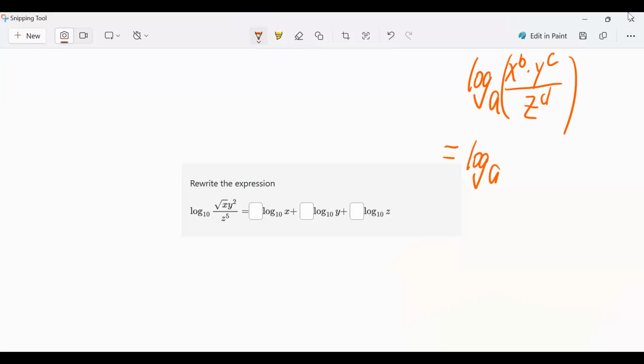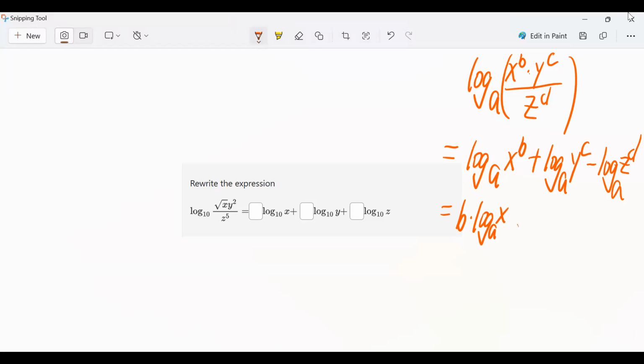So it's log a x^e plus, addition becomes addition, log a y^c, and then minus, division becomes subtraction, log a z^d. And I put all the powers in the front, make them coefficients. So e times log a x plus c times log a y, and then minus d times log a z.